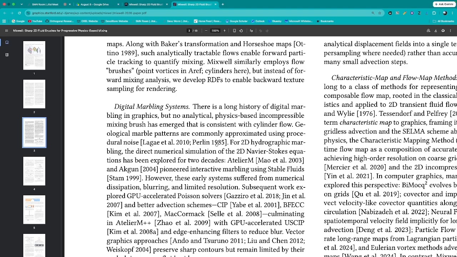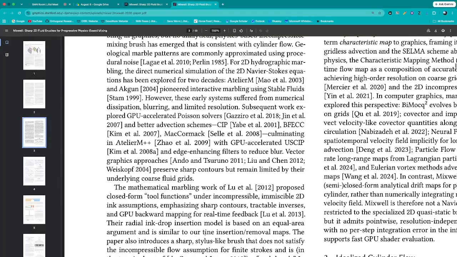This has been done with something called stable fluids. However, these early systems suffered from numerical dissipation, blurring, and limited resolution. Subsequent work explored GPU-accelerated Poisson solvers and better advection schemes, as they mention here with the acronyms, culminating in Atelier M++ with GPU-accelerated USCIP and edge-enhancing filters to reduce blur.